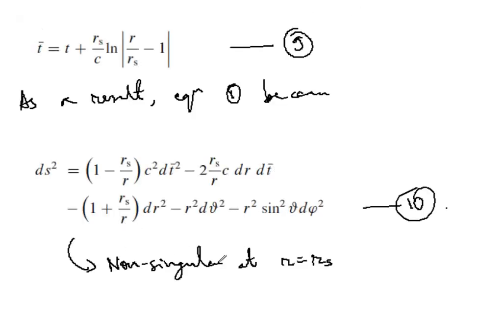Observe this: non-singularity at r equal to rs, but this 1 by r singularity is there, which is your gravitational singularity. You can never remove it by changing the coordinate system, the coordinate frame.